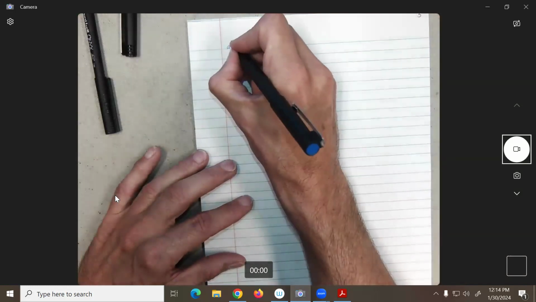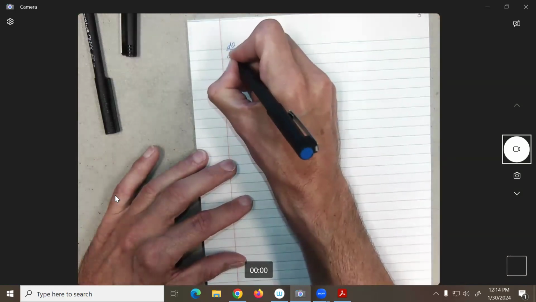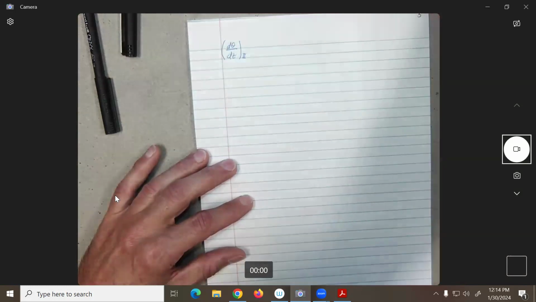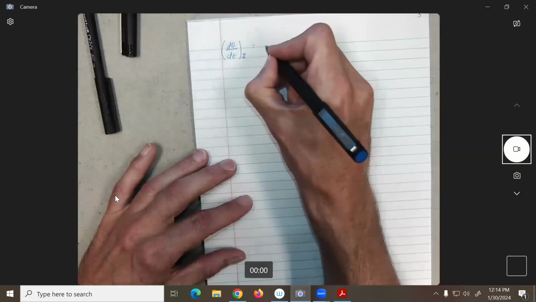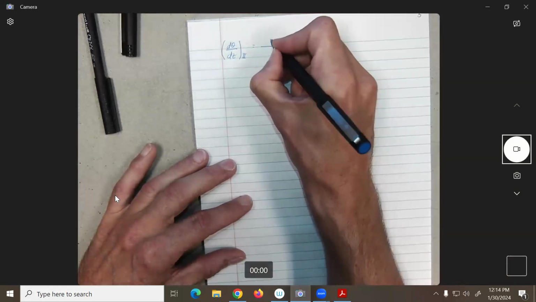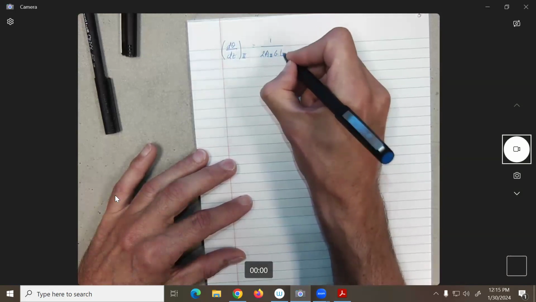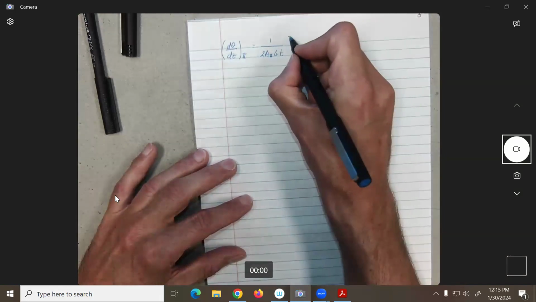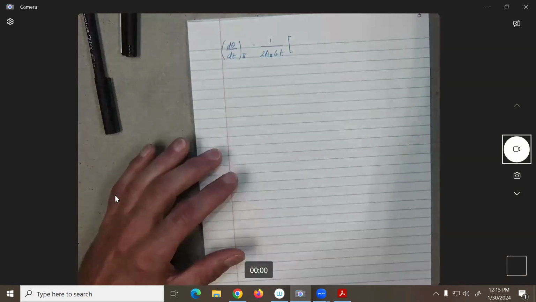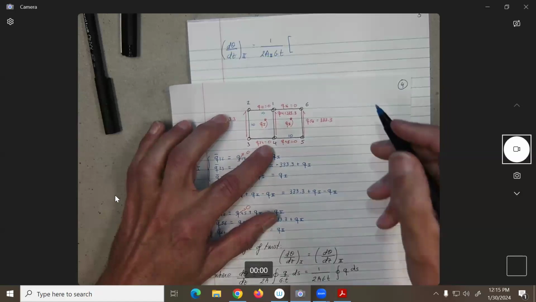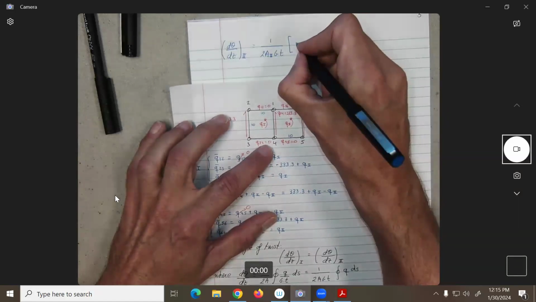d theta dz for the second one will be equal to 1 over 2 a sub 2 gt. And this time, what should it be? We go around 1, 4. Let's say we have a q.